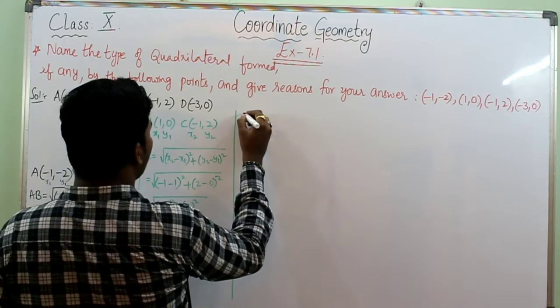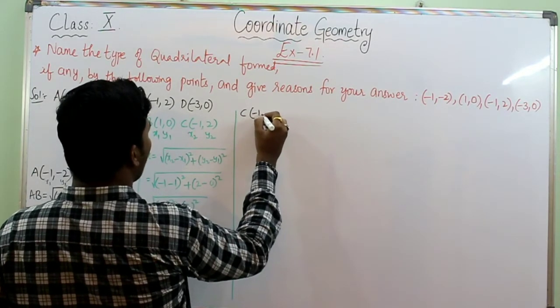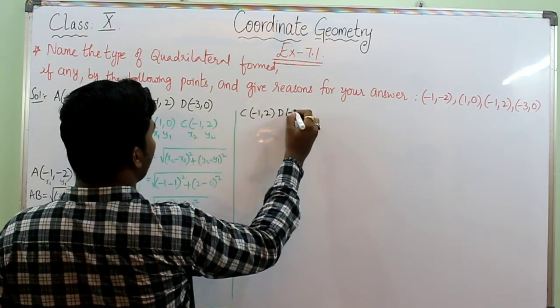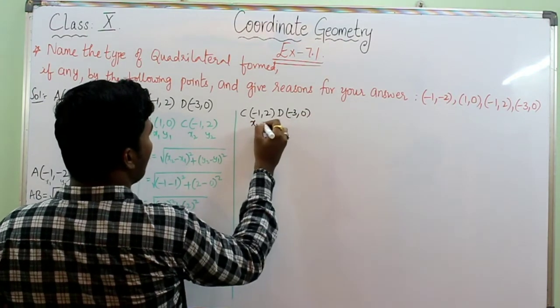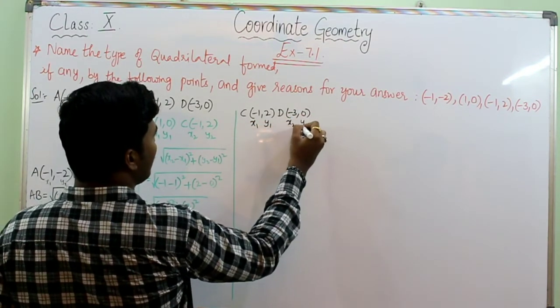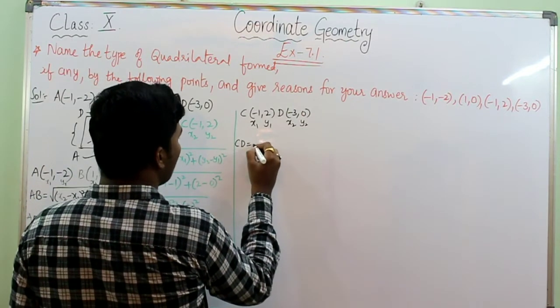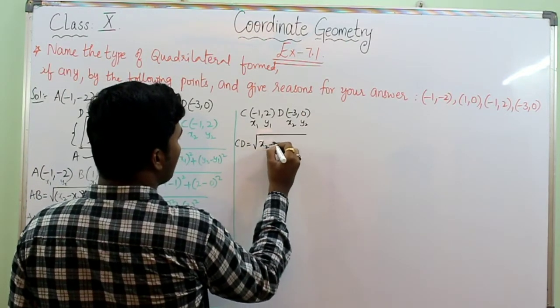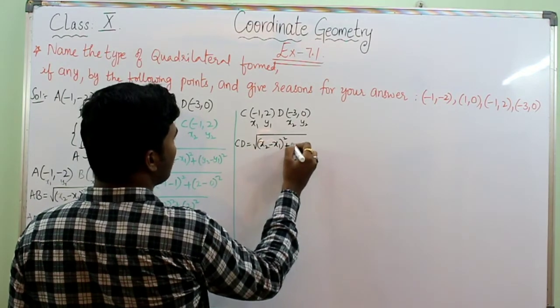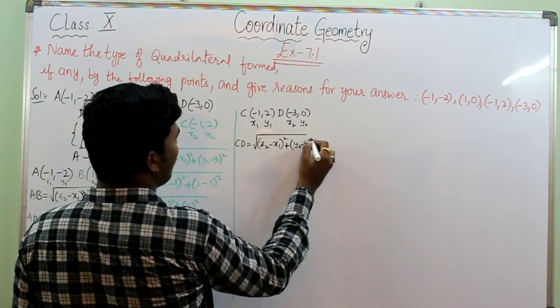Now let us check the third one, that is C point (-1, 2) and D point (-3, 0). Name the points as x1 y1 and x2 y2. So again CD is equal to square root of (x2 minus x1) whole square plus (y2 minus y1) whole square.